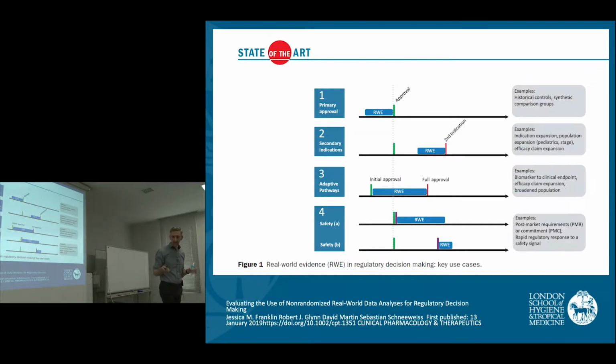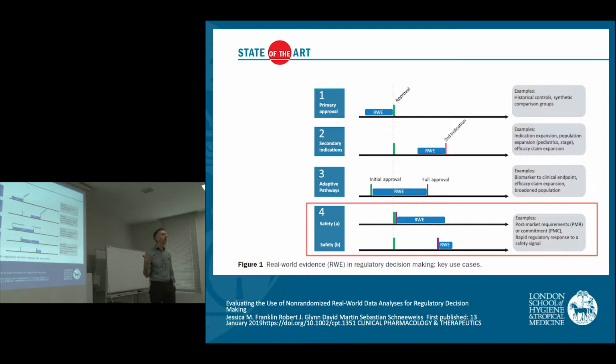Moving on, there was a paper published back in January by Jesse Franklin from Harvard. I think this is a really nice summary of where we are at the moment in terms of real-world evidence, where it can be used, and where we are still trying to develop the methodologies.